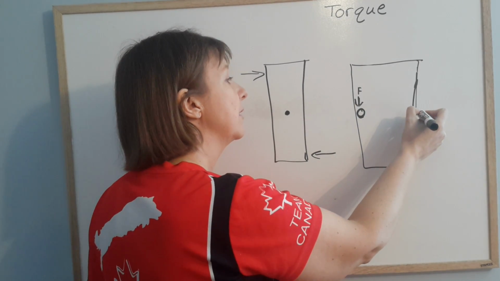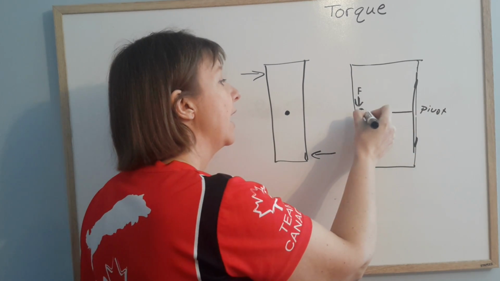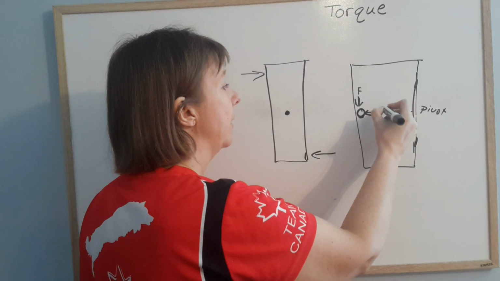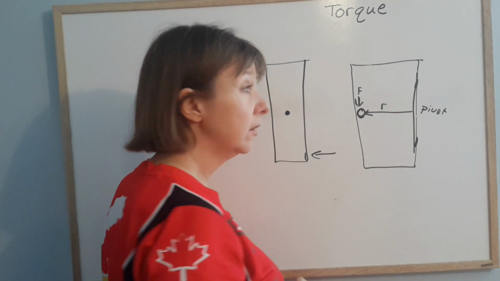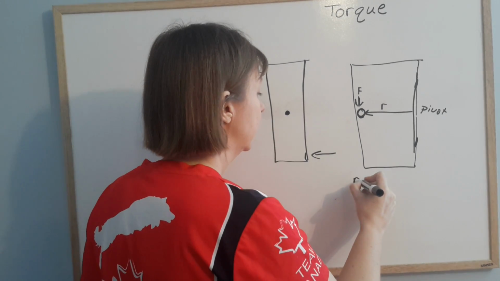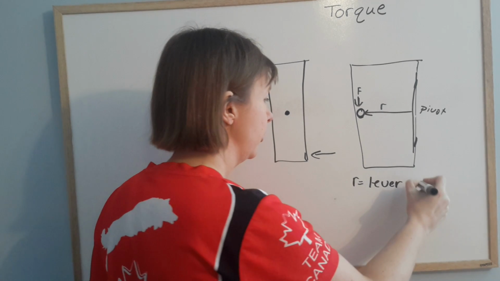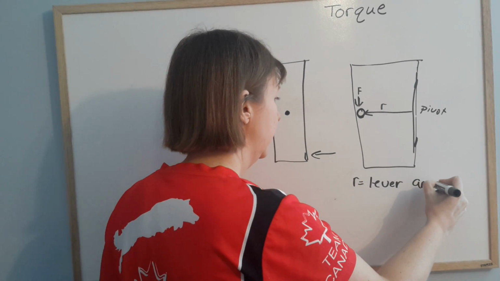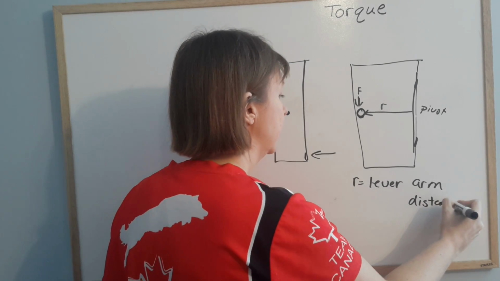The distance between the pivot point and where the force is applied, we call it R, and the term they use for it is lever arm distance.